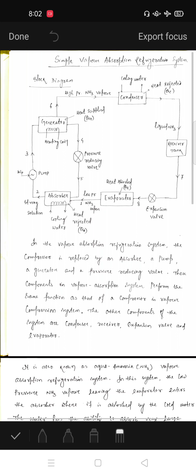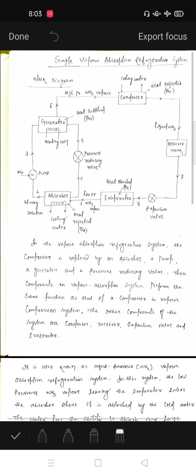But in vapor absorption refrigeration system, the compressor is replaced by four devices, that is generator, pressure reducing valve, absorber and pump. And the other three components are the same, that is the same evaporator, same condenser and expansion valve.